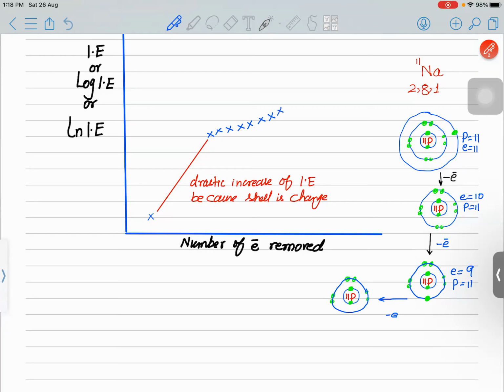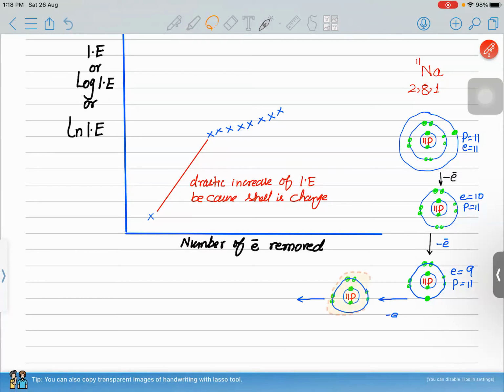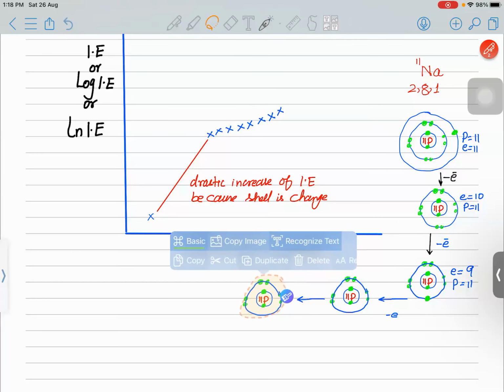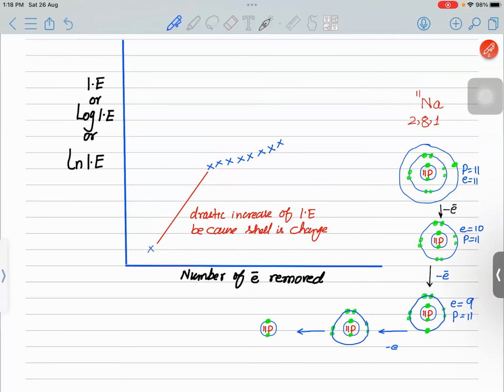So all eight increase. Then after removing all six electrons, again the shell is changed. Now you observe again a drastic change.